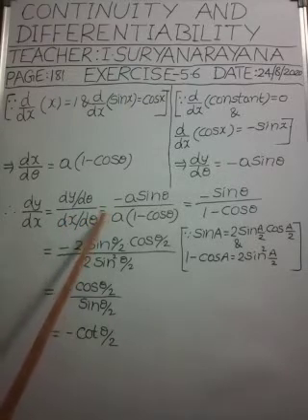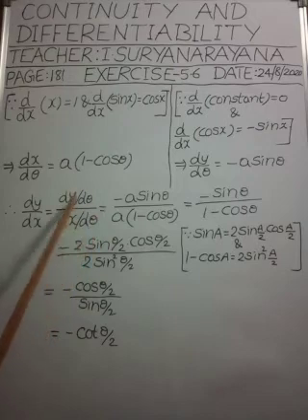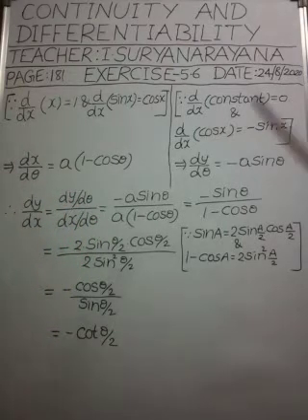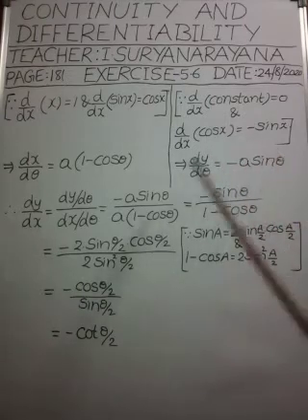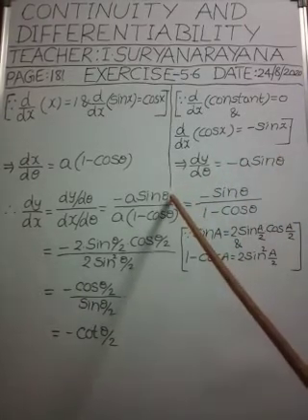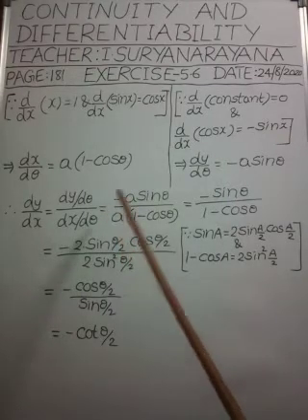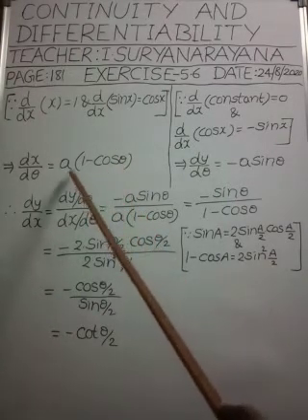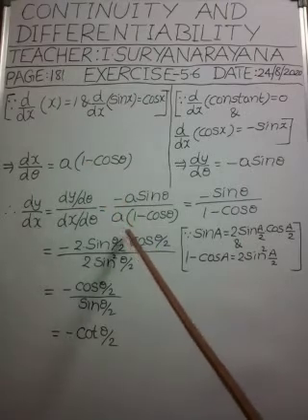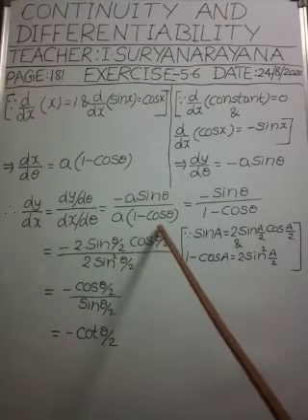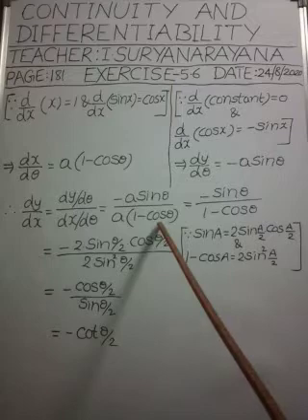What is the value of dy by d theta? Yes, we got here minus a sin theta. So in the numerator, I wrote minus a sin theta. Now come to the denominator. What is the value of dx by d theta? A into 1 minus cos theta. I wrote that value in the denominator. Understood this step, my children?